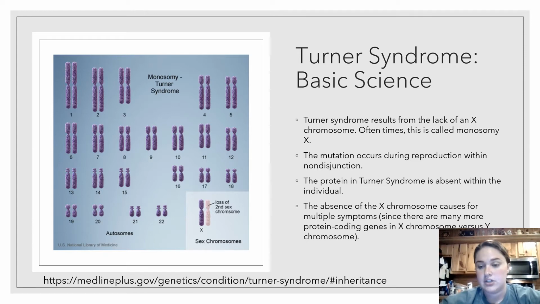The mutation occurs during non-disjunction during reproduction and is absent within the individual, the X chromosome being the protein that's absent within the syndrome. The absence of the X chromosome causes many symptoms in the individual since there are a vast amount of protein coding genes in the X chromosome rather than in the Y chromosome.